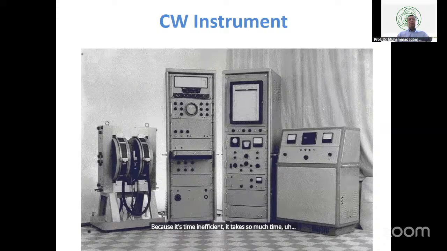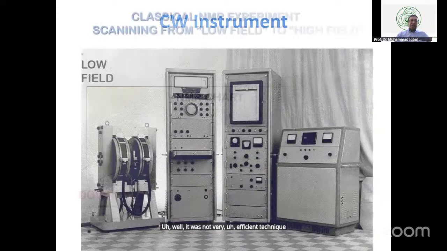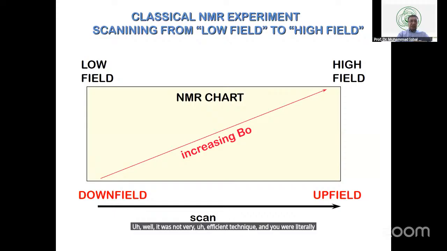At that time, people were using a very conventional technique that they used to record many NMR spectra and try to improve signal to noise ratio, but it was not very efficient, and you were literally scanning from downfield to upfield.